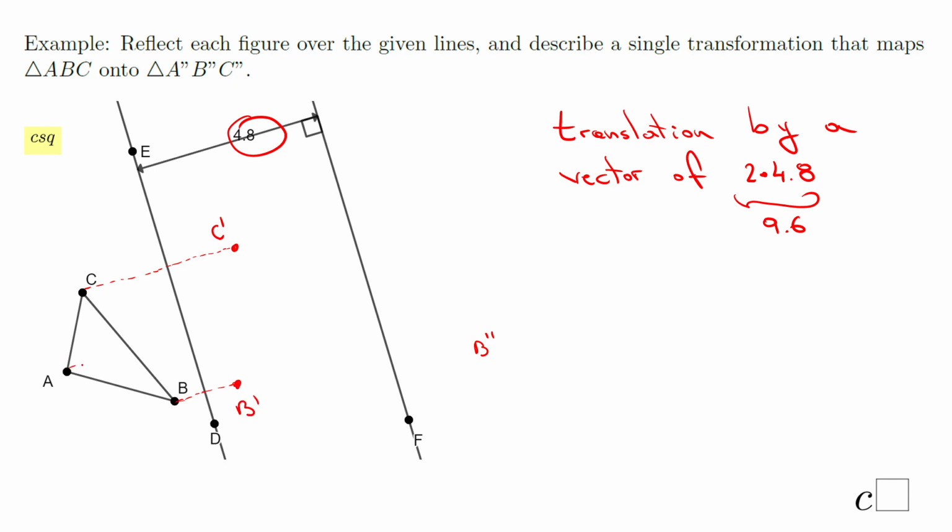What about A prime? Very similar. Of course, a ruler, a protractor, things like this will help you to get a better idea. A compass also, right? But that's it here. Something like this is the reflection over the line DE.